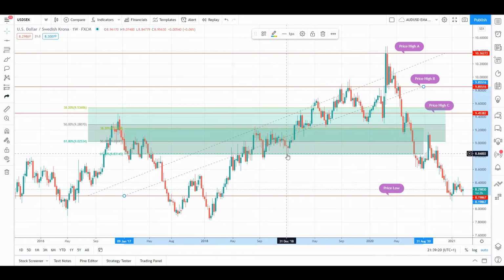So I will draw a second Fibonacci range, again from the same price low, now to a different price high B. Again, we want to extend this across the old charts to see if the market has respected any of those Fibonacci ratios in the past.